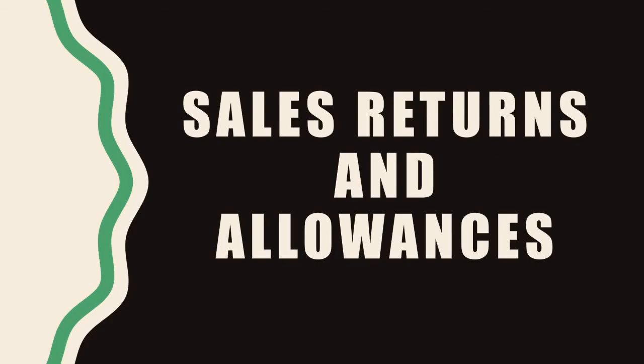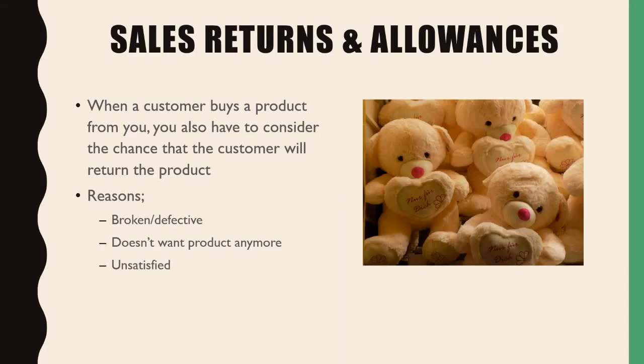So let's take a look here. Well, of course, when we sell a product to our customers, we have to understand that not everybody is going to be satisfied with the products that you sell.